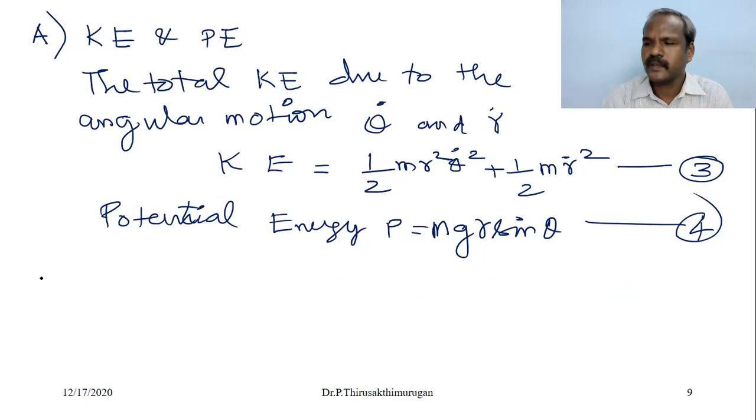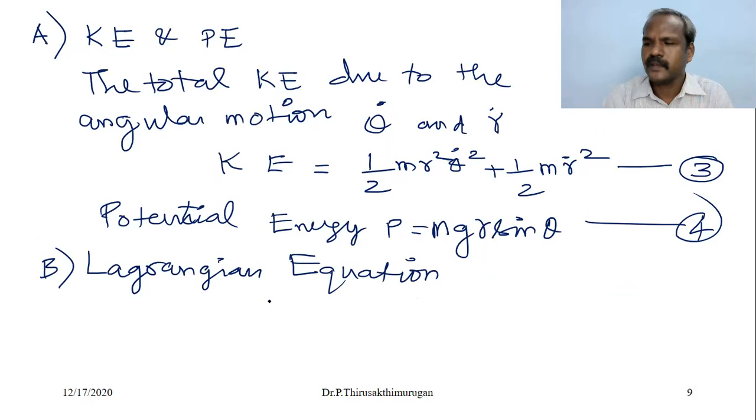Next part is B. First step A, second step is B. B is the Lagrangian equation. What is the Lagrangian equation? L equals kinetic energy minus potential energy.